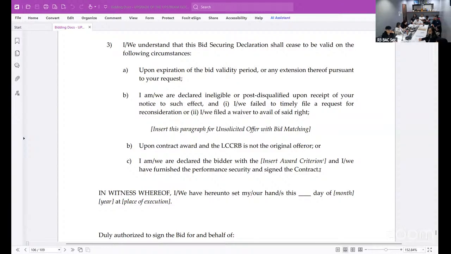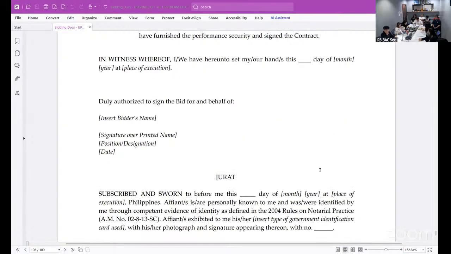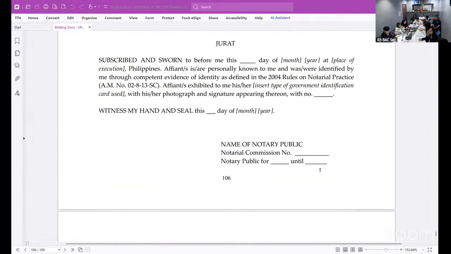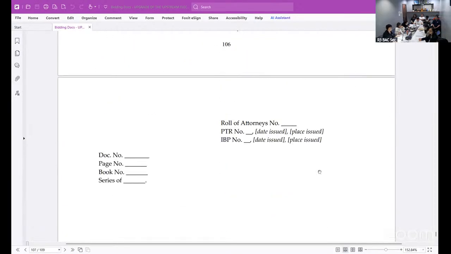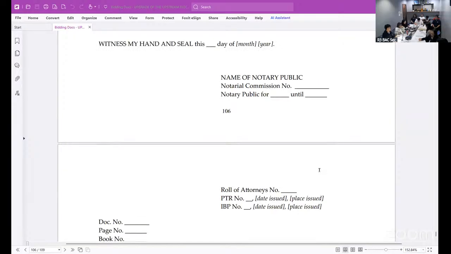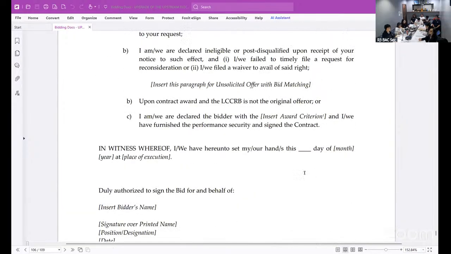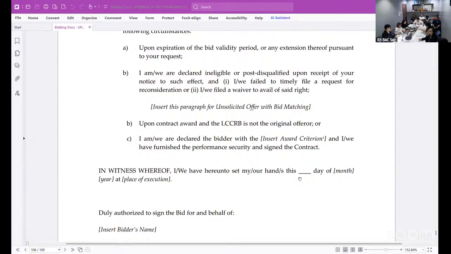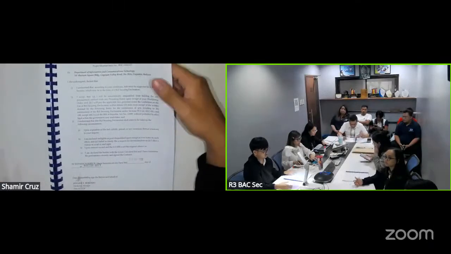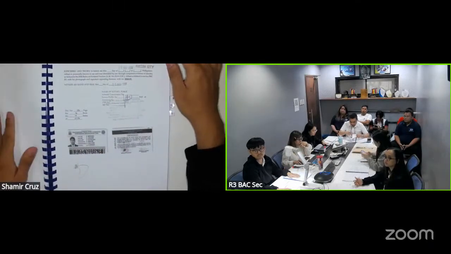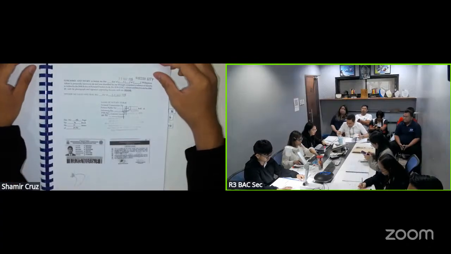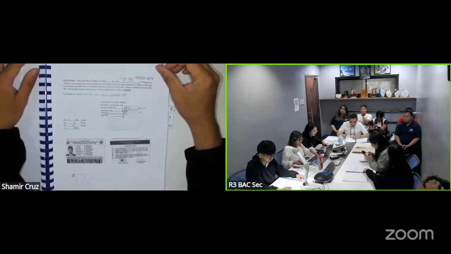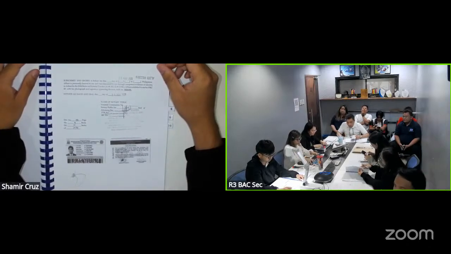Okay, so the bidder submitted the complete bid securing declaration. The bid securing declaration is signed and notarized. And that is something of value. Okay, so the bid security through bid securing declaration is passed.